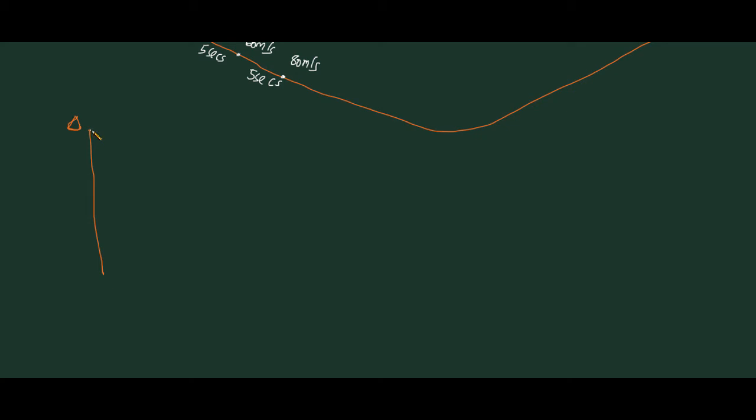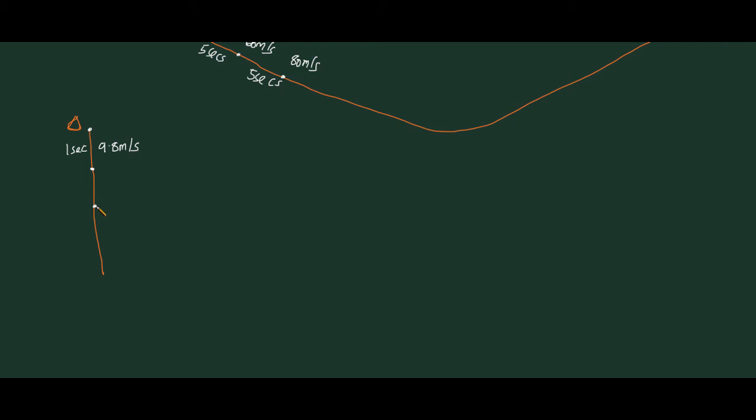This is the initial position of the raindrop, and if it gets to this point, the velocity change is going to be 9.8 meters per second in 1 second. And it keeps on moving like that.